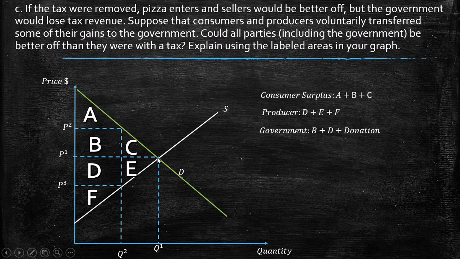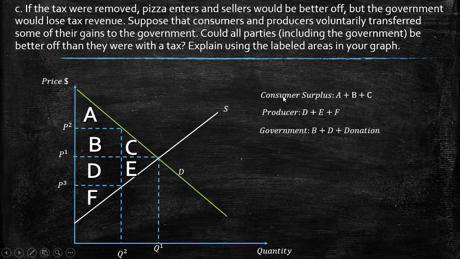So voluntarily, from the consumer surplus, they have to provide to the government B plus a little bit, a piece of C, just one part of this C. On the other side, the producers have to provide D from the producer surplus and a little piece of E. This little piece of C and E is going to be considered the donation.